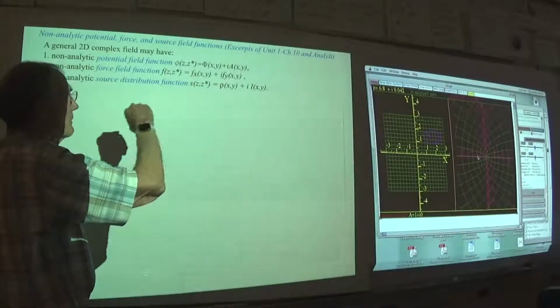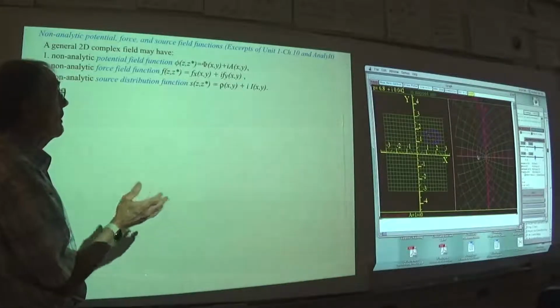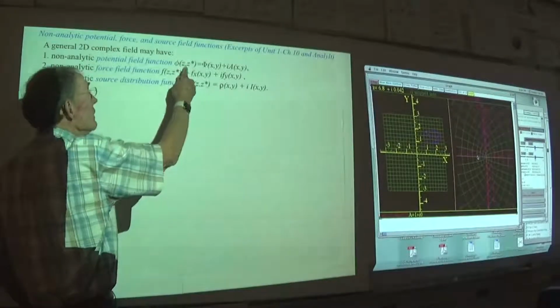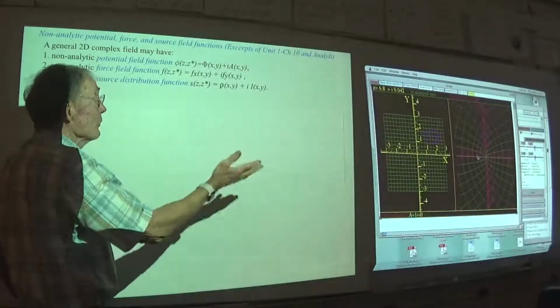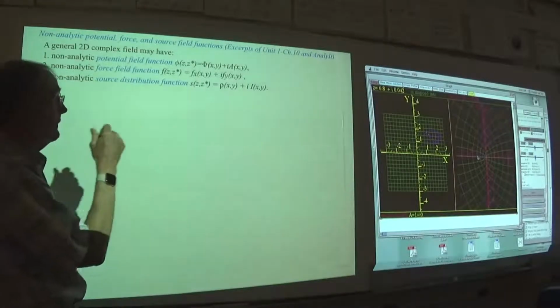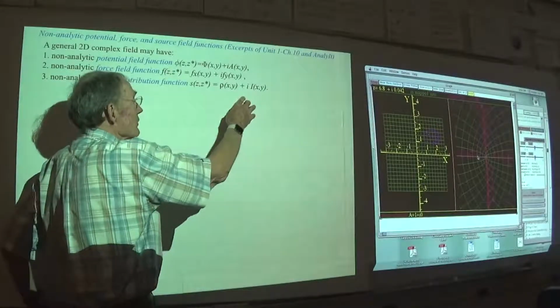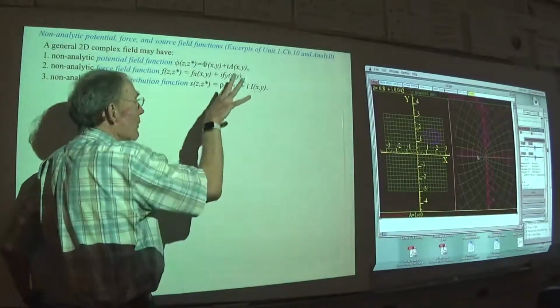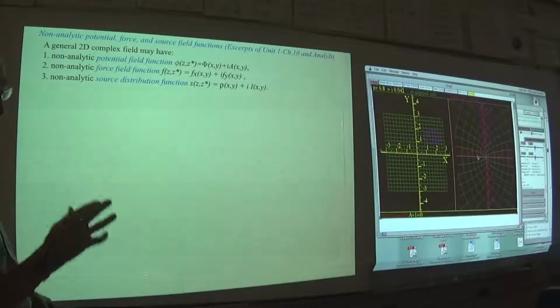So this is going to be quite a bit more complicated, because now everything we're talking about here, potential, force field, and source, will have a non-zero source everywhere. There'll be a longitudinal scalar-like source, and there'll be a current-like flowing source possible.